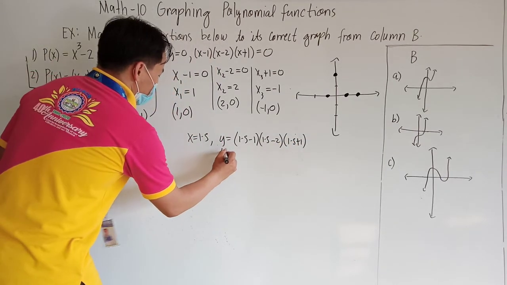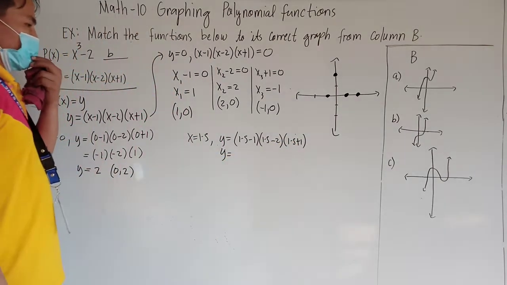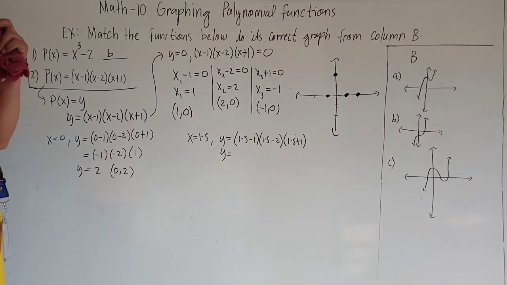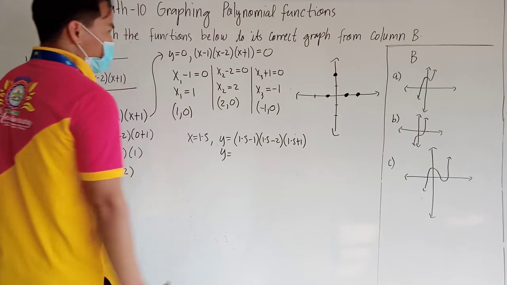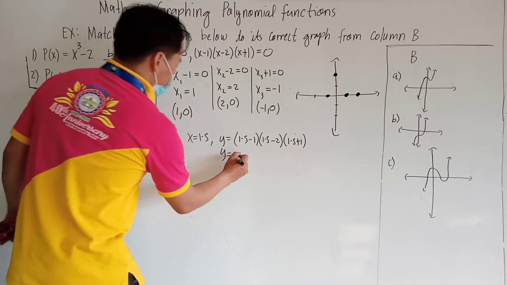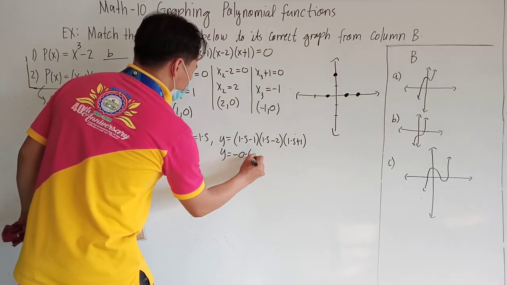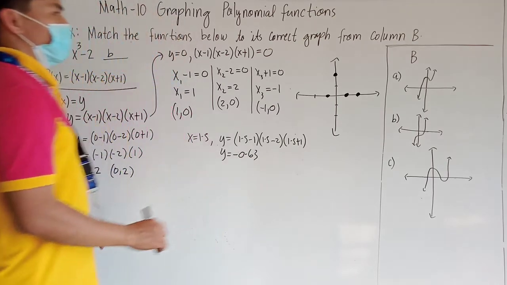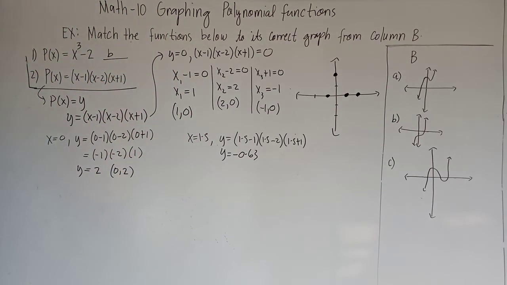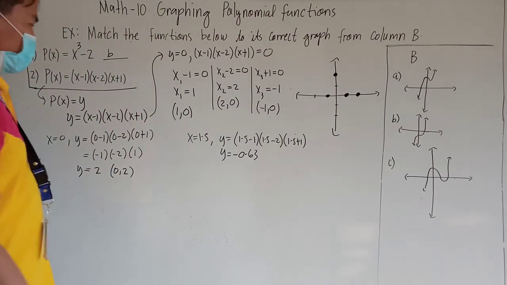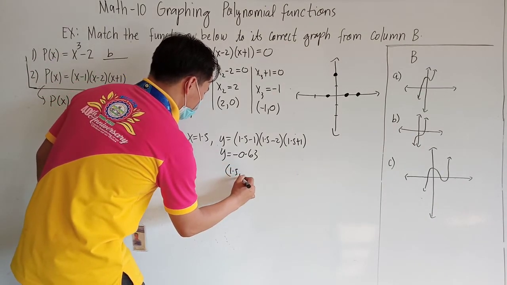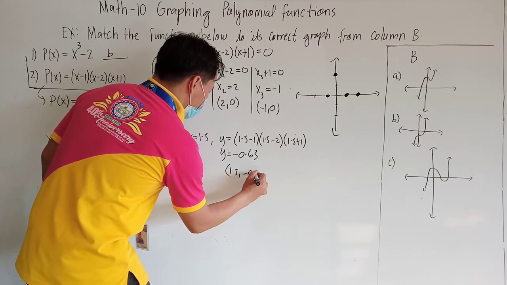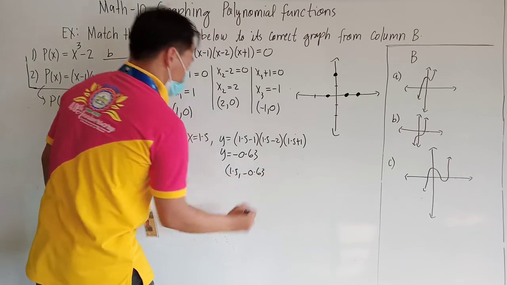If we simplify that one, when x is equal to 1.5, we can obtain a value of y which is equal to negative 0.63, approximately. So we have here the point 1.5 and negative 0.63.